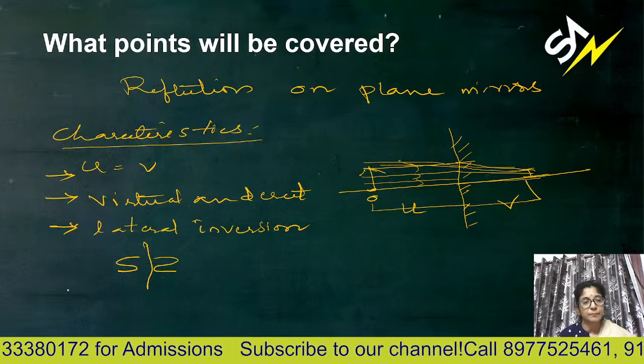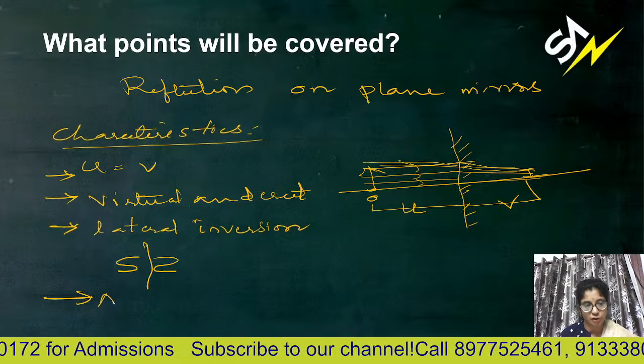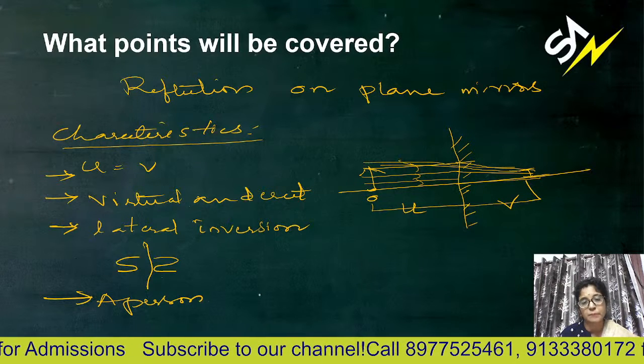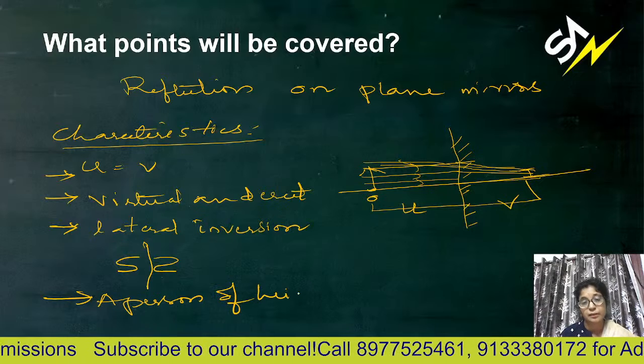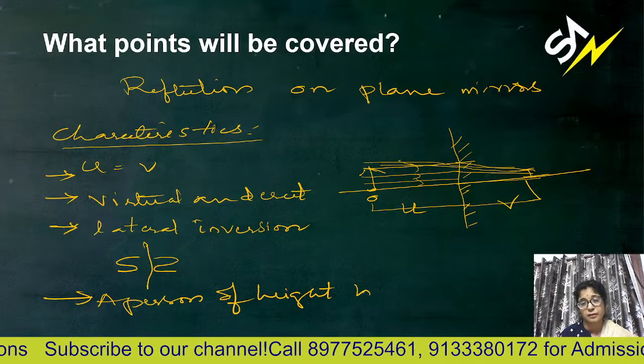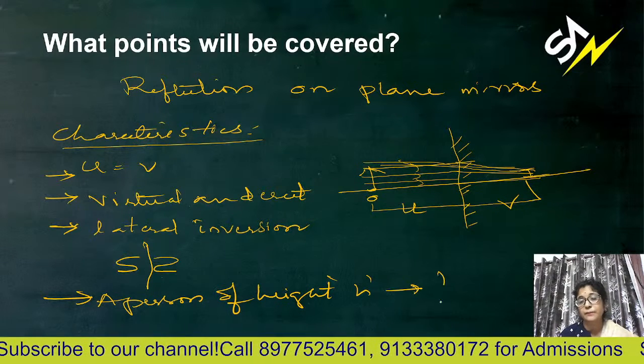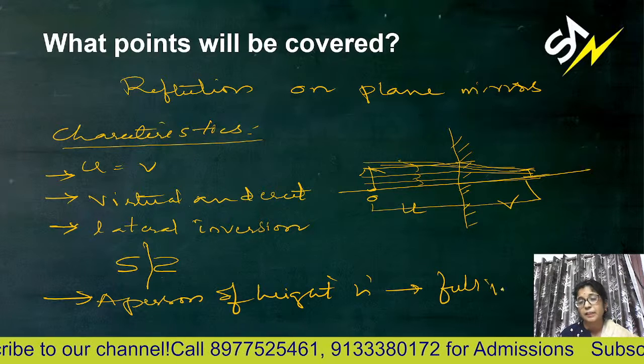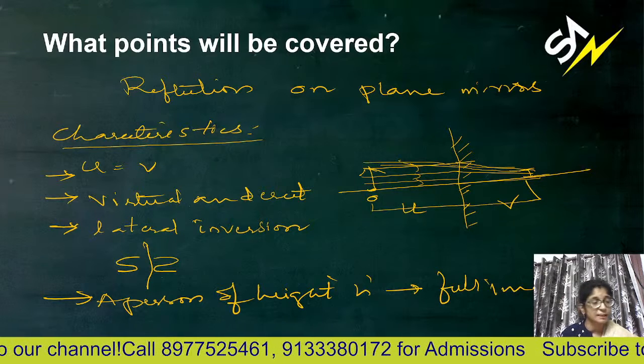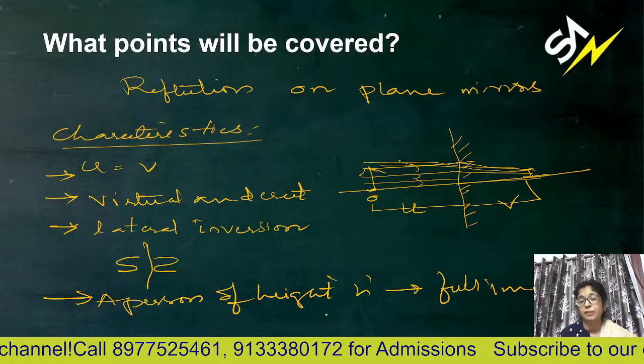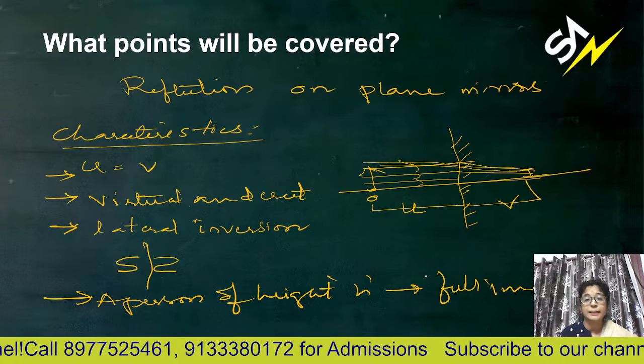For example, a person of height h wants to see his own full image in the mirror. Then what should be the height of the mirror?